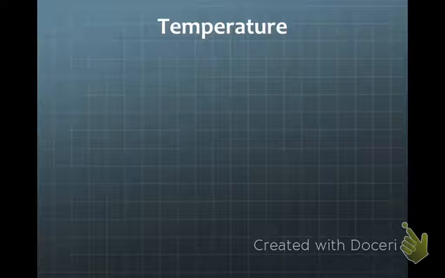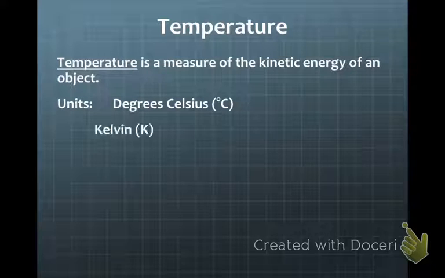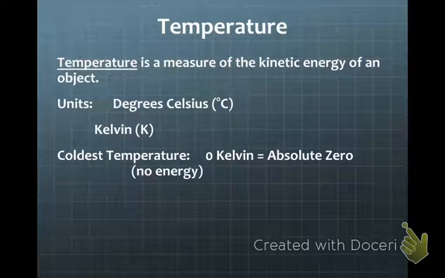Next, we're going to do temperature. Temperature is very simple. It's the measure of the kinetic energy of an object. We've talked about this with specific heat. We're only going to be converting between Celsius and Kelvin. And it's a very simple conversion, just to let you know the coldest temperature there is, that with absolutely no energy at all, is at 0 Kelvin.